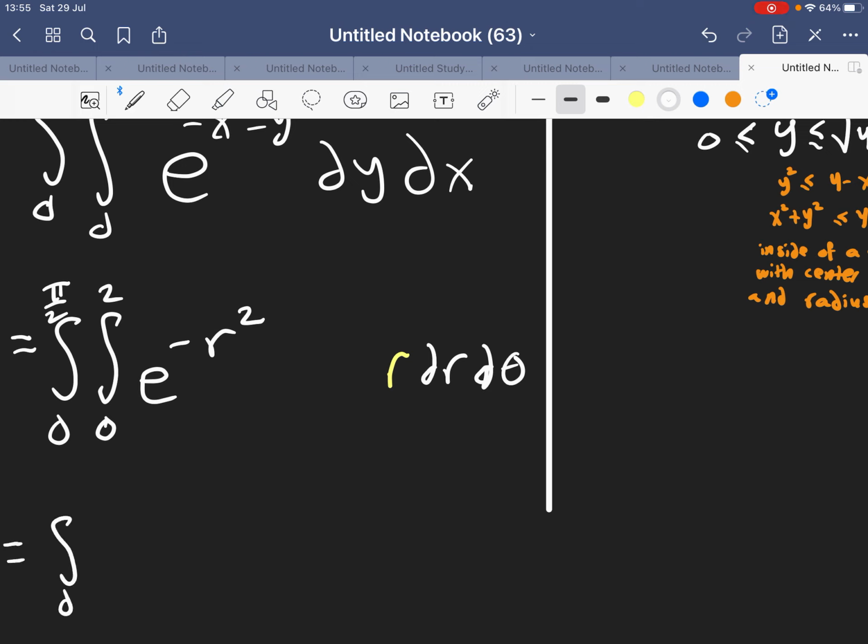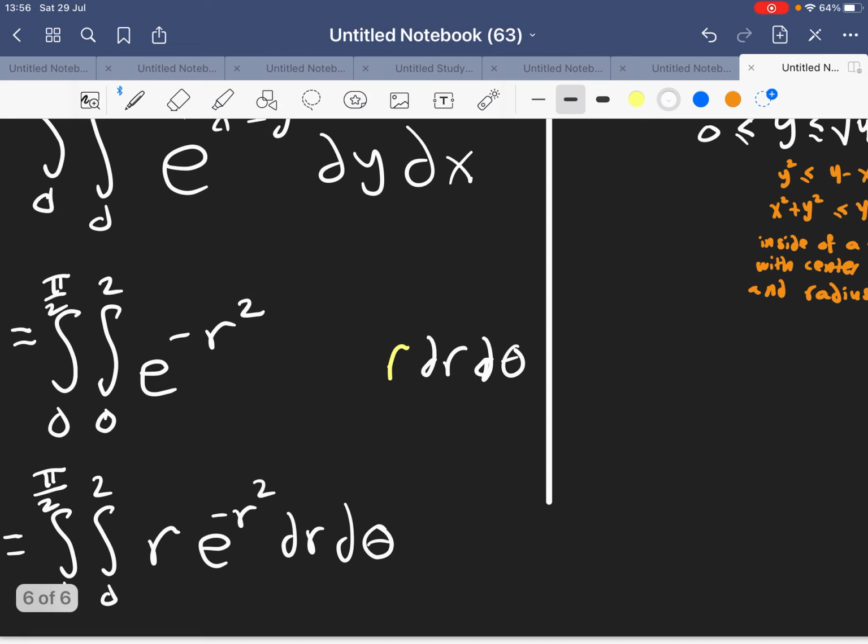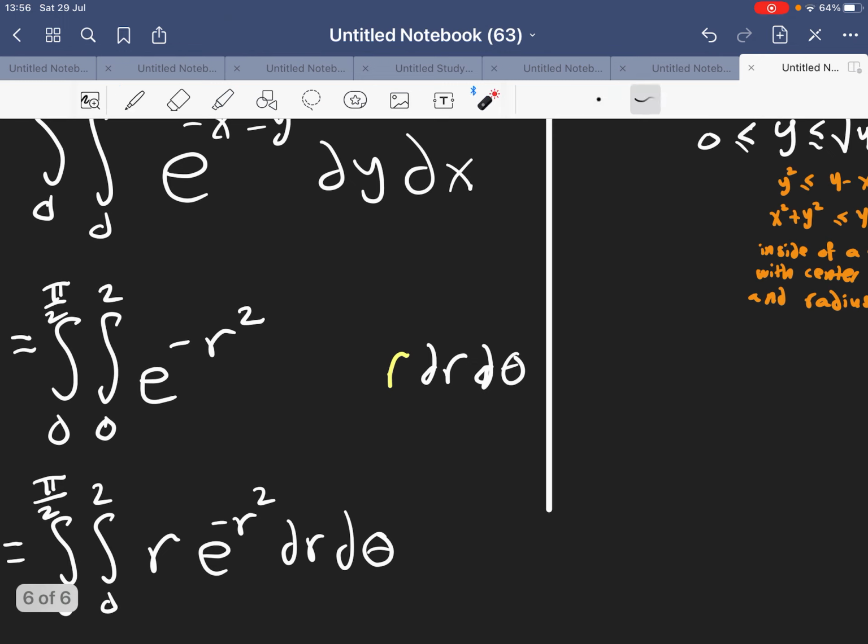And now this is what we get. Integral from 0 to pi over 2, integral from 0 to 2, here we have r e to the minus r squared dr d theta. This is a calculus 1 question. We have a function up here with its derivative there.